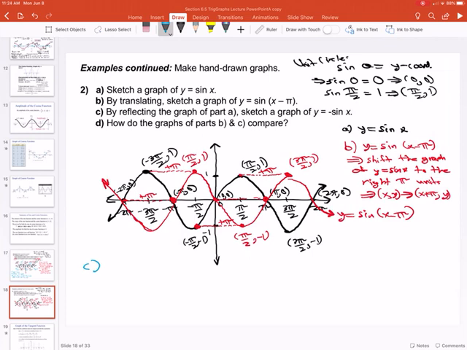If you look at example C, it wants you to sketch the graph of y equal to negative sine x. Well, that says what? We need to reflect across the x-axis, multiplying by negative. So we're going to take our sine function and reflect across the x-axis. If we take pi over 2, 1, we'll be over here at pi over 2, -1.